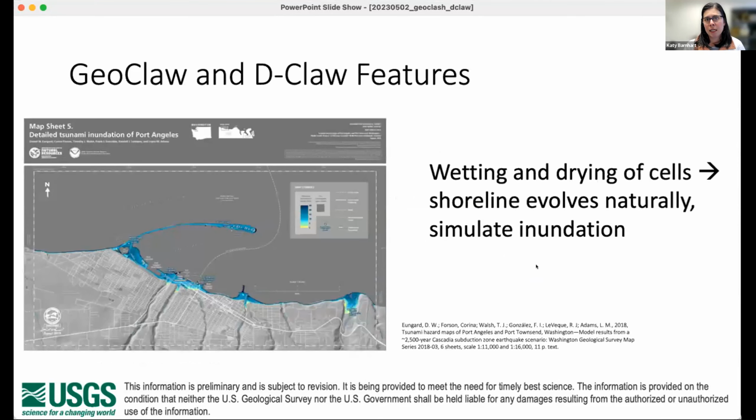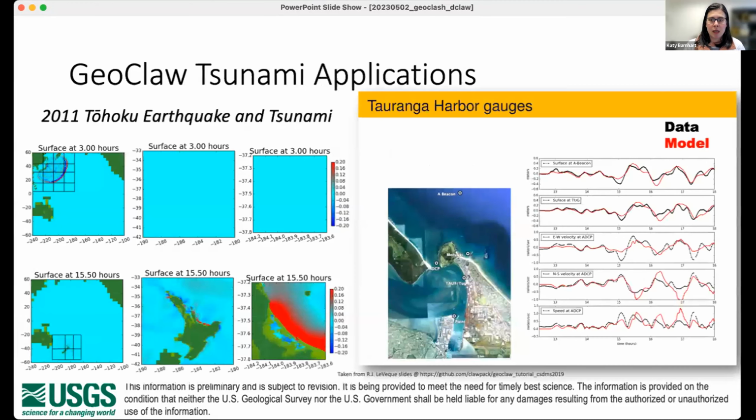And then in DCLAW and in GeoClaw, there's a natural wetting and drying of cells, which allows the shoreline to evolve naturally and simulating inundation. Here is, I think, a pretty impressive application of GeoClaw to the 2011 Tohoku earthquake and tsunami.